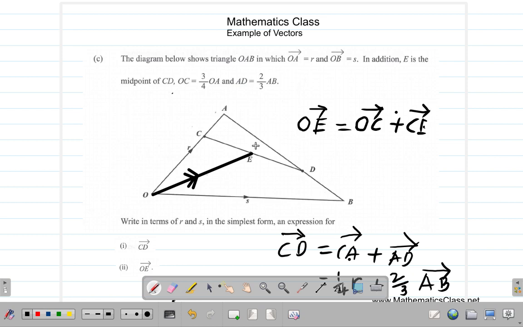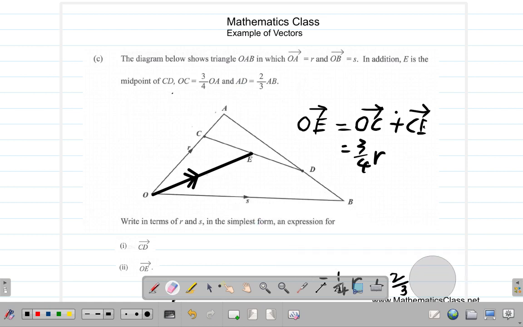Now, OC is 3/4 of OA, but OA is R. So OC is 3/4 R. I'm doing the work up here because this is where we can see the diagram, and I did not copy the diagram.